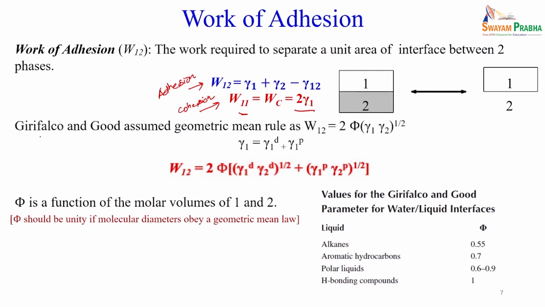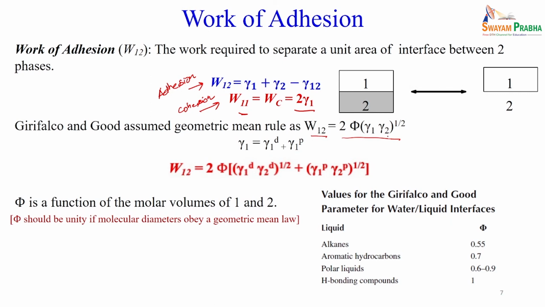So, here Fowkes and Good assumed the geometric mean rule for the work of adhesion: twice the surface energy of 1 times the surface energy of 2 to the power 0.5, and also they added one constant. Now, as you know, the surface energy of a liquid or a solid has two components, polar as well as dispersive. So, gamma 1 will be gamma 1 dispersive plus gamma 1 polar.